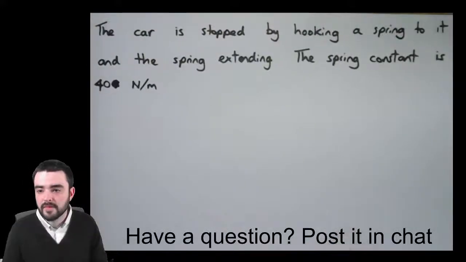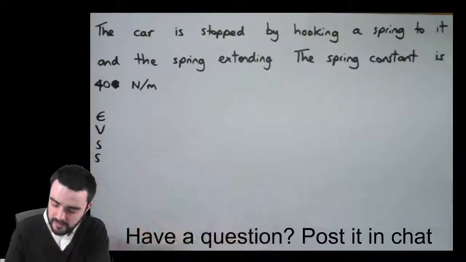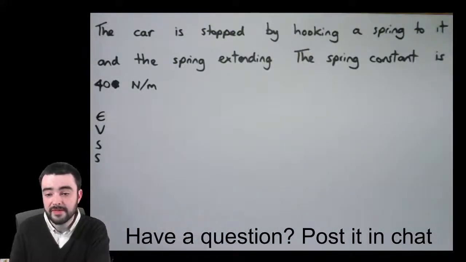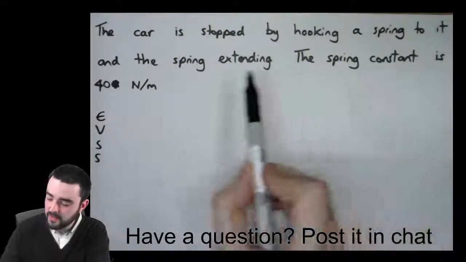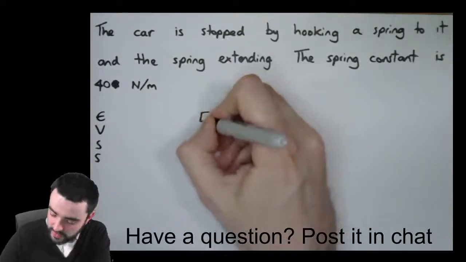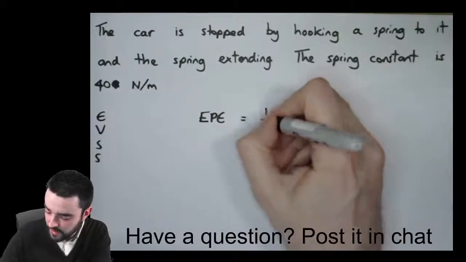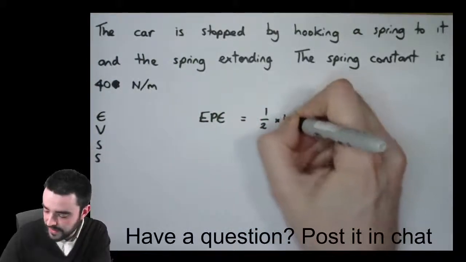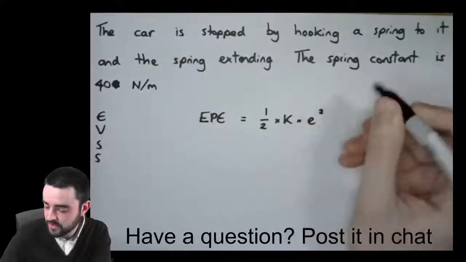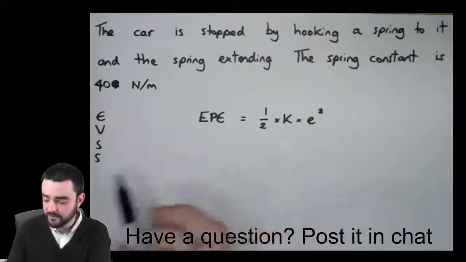Okay, so again, I'm going to use EVs. What's the equation here? Well, we need to be thinking about a spring which is extending, so hopefully that should suggest to you we're talking about elastic potential energy, which is equal to a half times k times e squared, where k is the spring constant. So now we need to write out the variables.